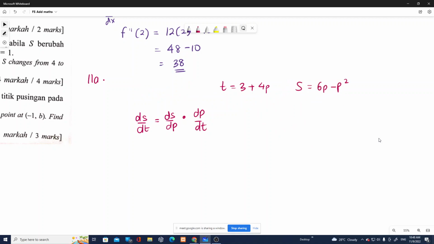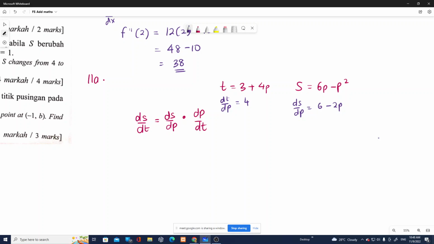Daripada situ kita dapati ds per dp bersamaan dengan 6 tolak 2p, betul? Dan daripada dt per dp kita dapati 4 sahaja.